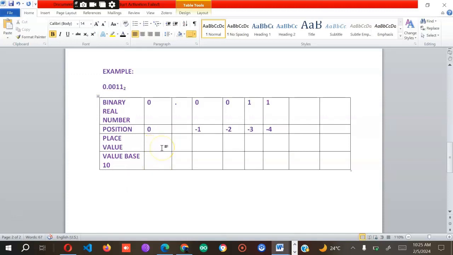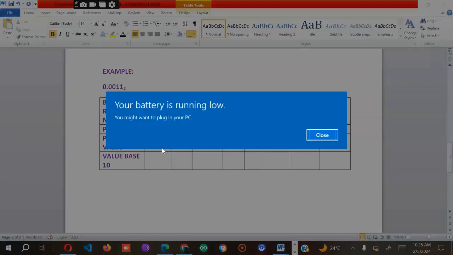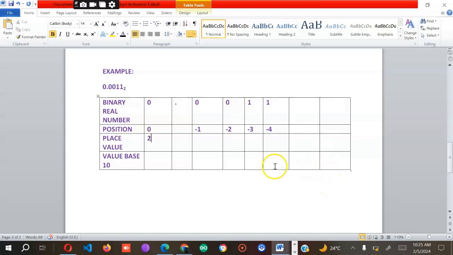Okay, this one is supposed to give us a 2 raised to power 0, 2 raised to power -1, 2 raised to power -2, 2 raised to power -3, 2 raised to power -4.